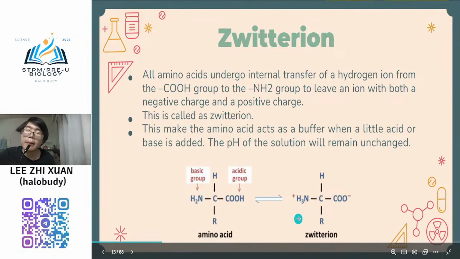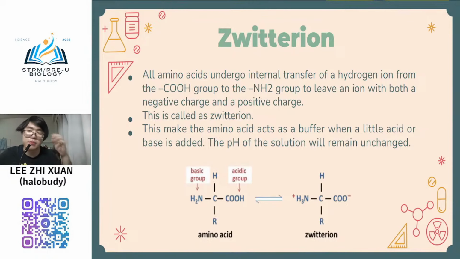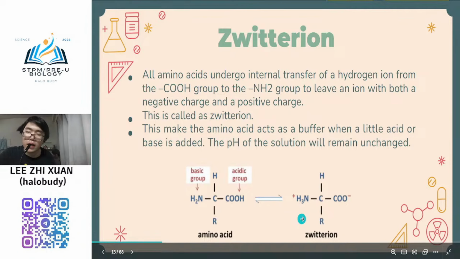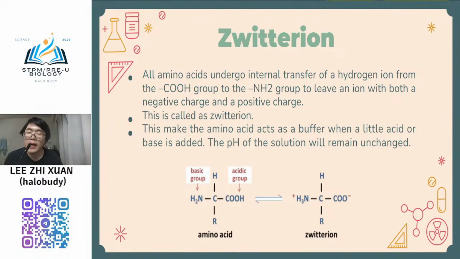We know that amino is basic and carboxyl is acidic. You still remember your SPM chemistry. This part is more focused on chemistry. In acid and base reactions, acid releases hydrogen ion, and base accepts. You know that amino, ammonia, all that is basic, and carboxylic acid, any acid, is acid.